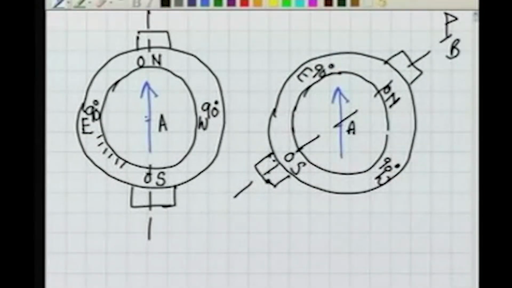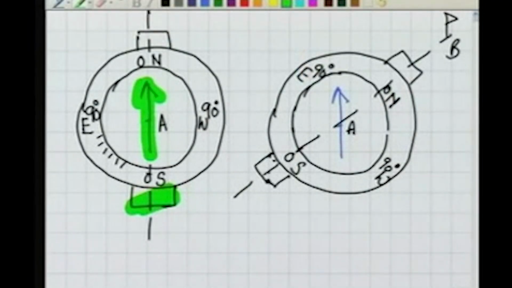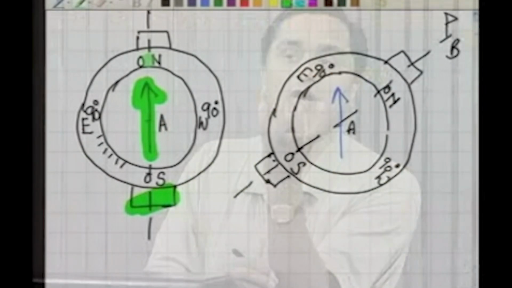While here in this case, the needle is separate. If I rotate this compass, the needle will stay where it is, because the needle is pointing in the north direction. It will not change its position. Only the compass will rotate, only the graduations will rotate.